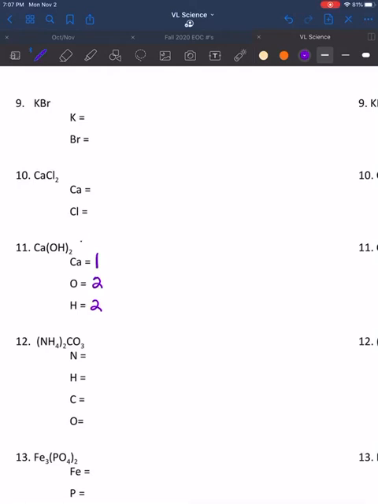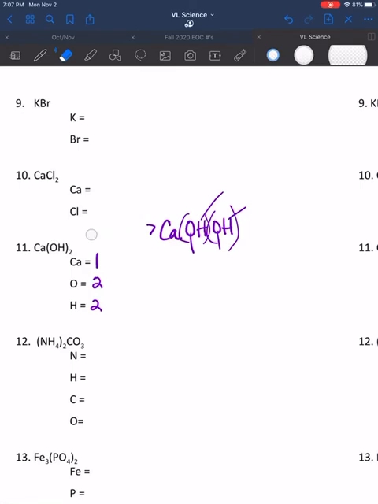But here's a way that you can look at it if the parentheses kind of get to you a little bit. Take this and expand it. What we have is Ca, and we have 1, 2 OH groups, right? And then if you count, you'll see there's an oxygen, and there's a hydrogen, and there's a hydrogen. And that works every time you have something like parentheses.